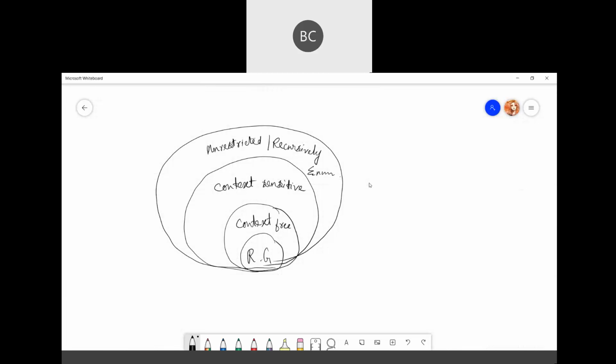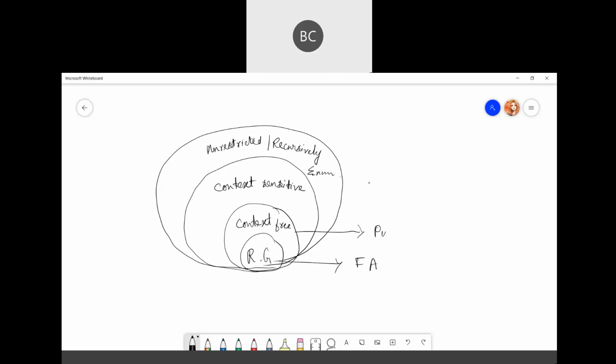Now each of these grammars has a particular structure. There are 4 types of grammar, so how will you know which one is what type? Each of these grammars has a particular structure. Now always remember, regular grammar is accepted by finite state automata. We will learn about it in the next class.